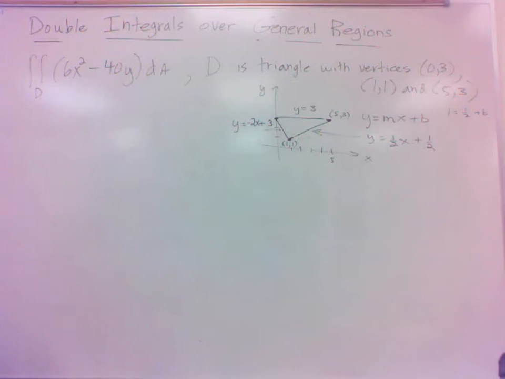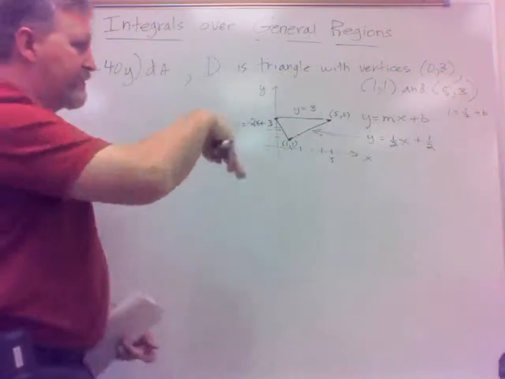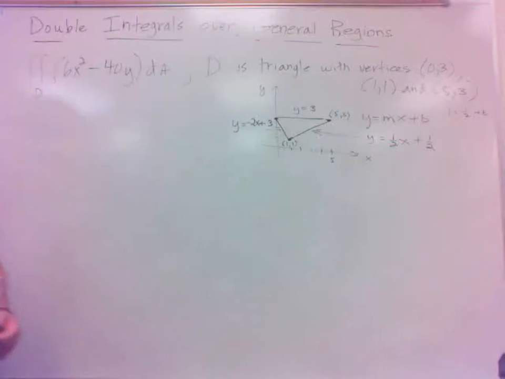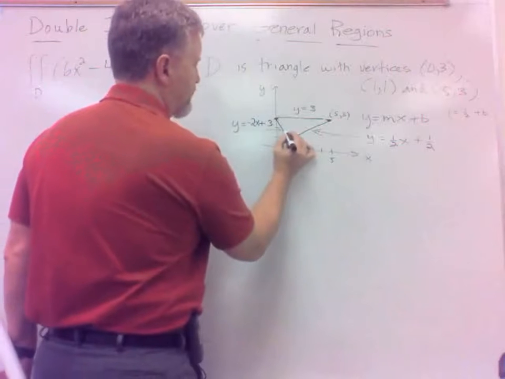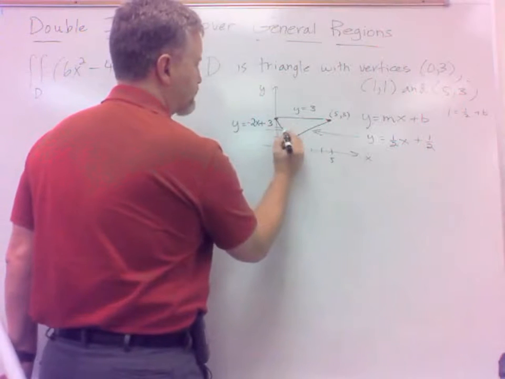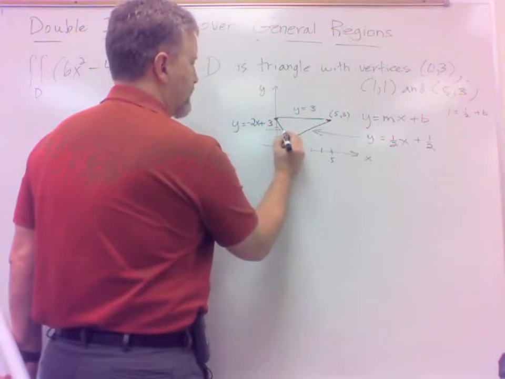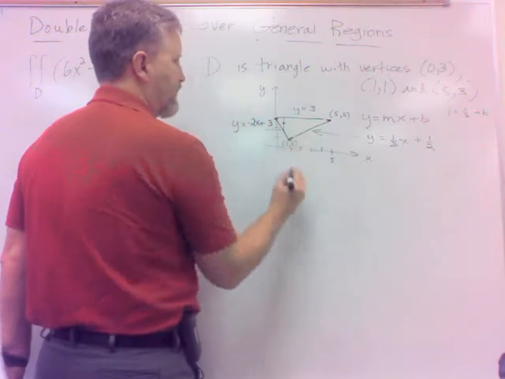Now, the next thing is to figure out whether I want to do the double integral with the x's first or the y's first. Note that if we do the x's first, that's going to be more difficult. Here's why. If I do the x's first, I'd have to go from here to here, and it changes.